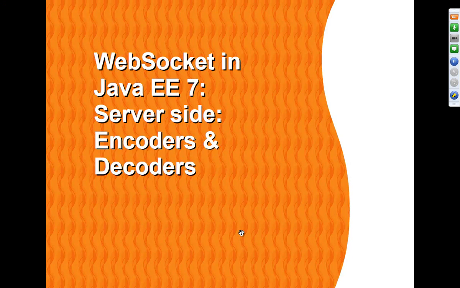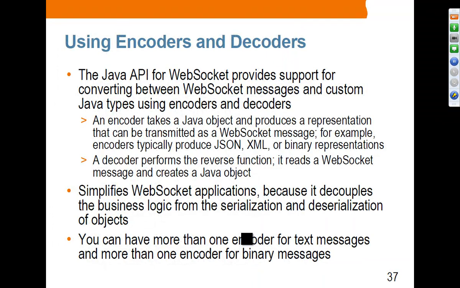Now we are going to see how we can attach encoders and decoders on the server endpoint. So what is an encoder and decoder? Encoders and decoders are providers, a converter between the messages and Java types.